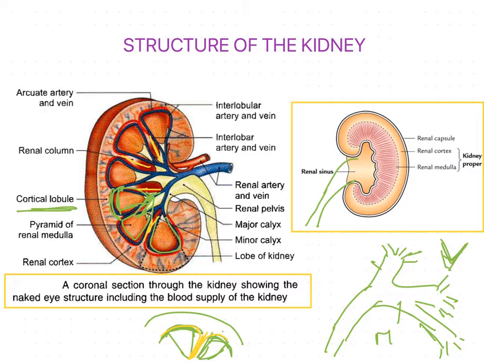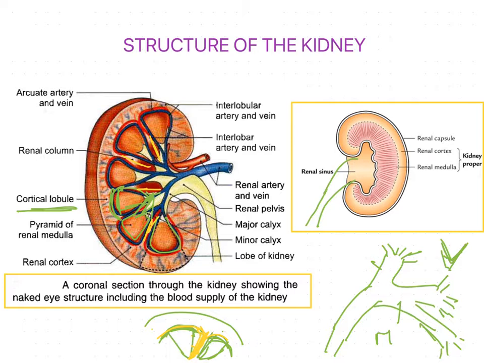The cortical tissue found in the space between these two pyramids forms the renal columns. So the cortex is divided into cortical lobules and renal columns, which dip in between the pyramids. These are the parts of the renal cortex.